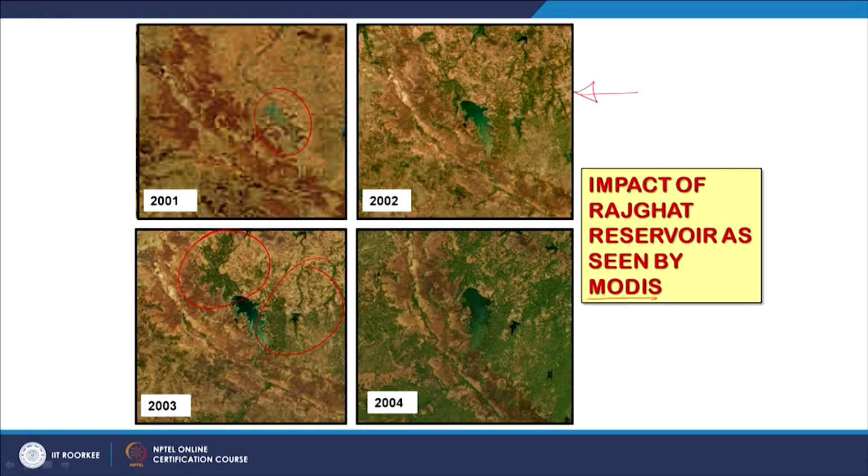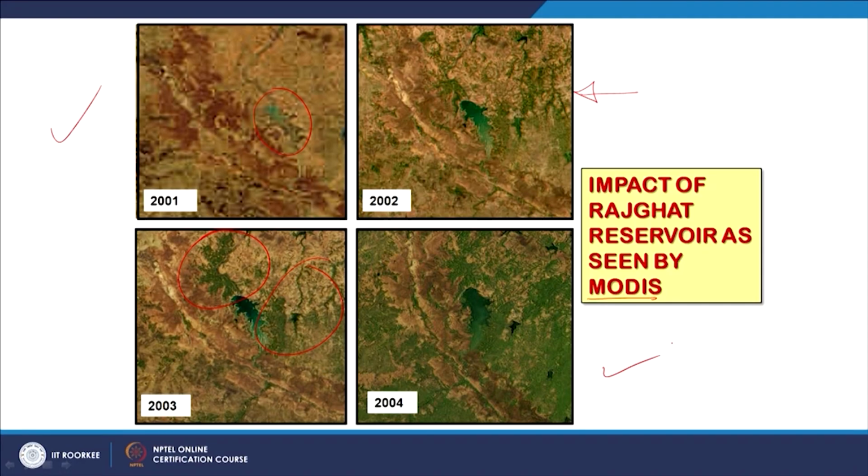When I was showing this image, this time series of images, in some meeting, people said that for 2001 you might have taken a pre-monsoon image, and for 2004 a post-monsoon image, and then you are showing the differences.